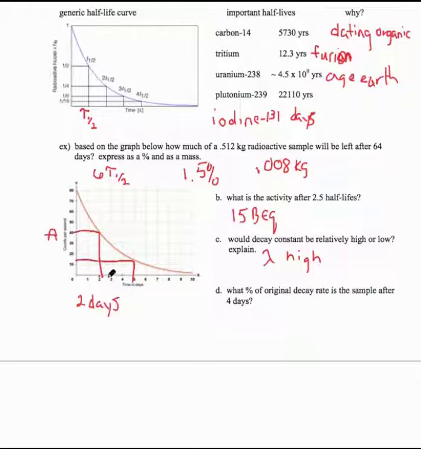Well, 4 days is 2 half-lives. So if I go over to 4 days, I see that we are now decaying at about 20%. Those are some pretty straightforward problems with radioactivity and half-life.